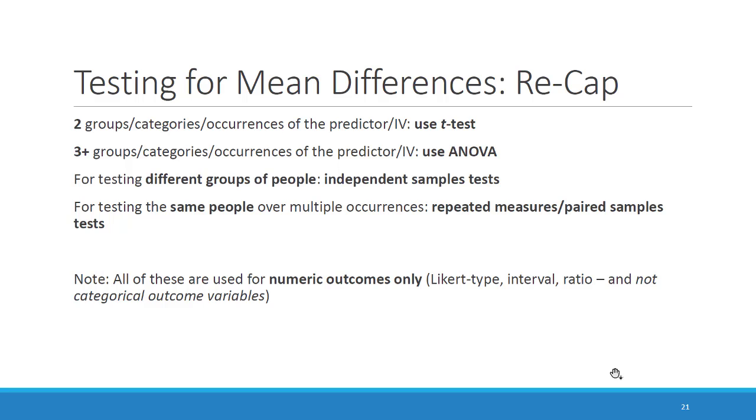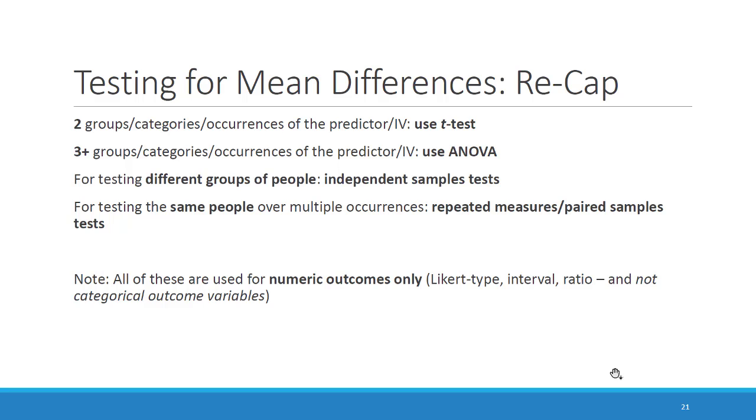If you have two groups or categories or occurrences of your predictor, then you're going to use a t-test of some sort, whether it is an independent samples t-test or a paired samples t-test. If you have three or more groups or categories or occurrences of your predictor, you're going to use an ANOVA.